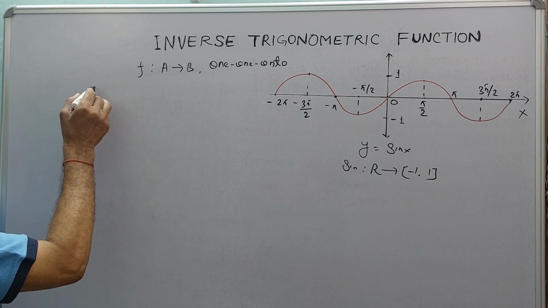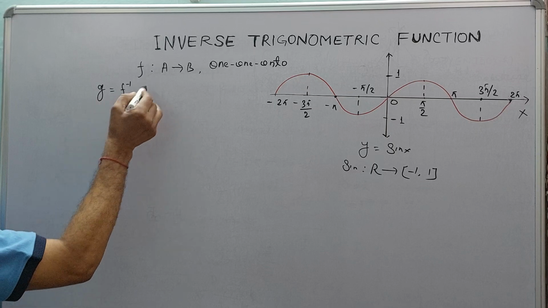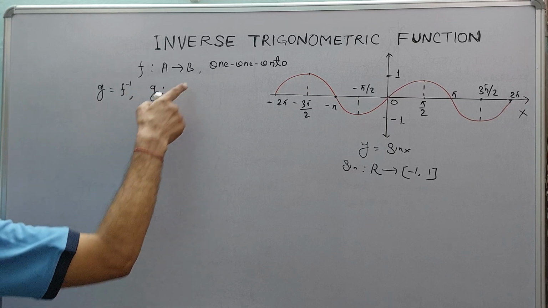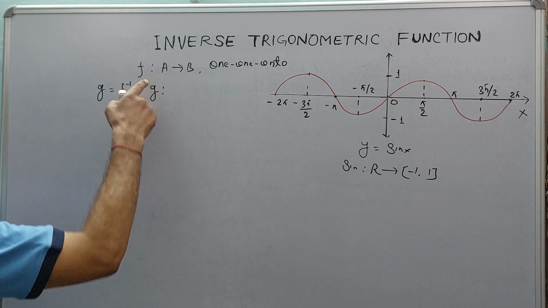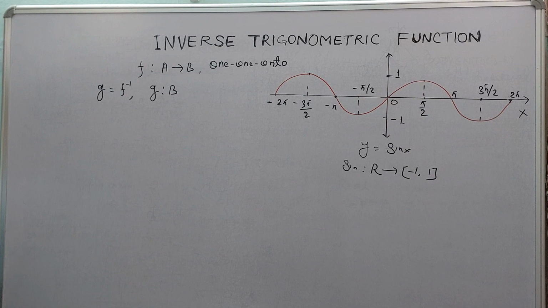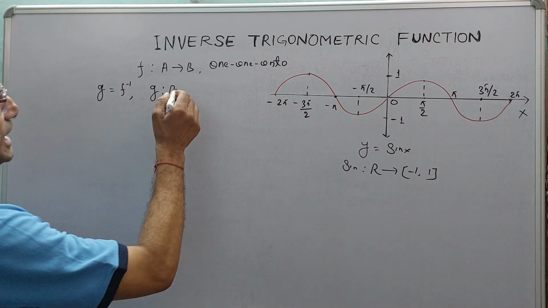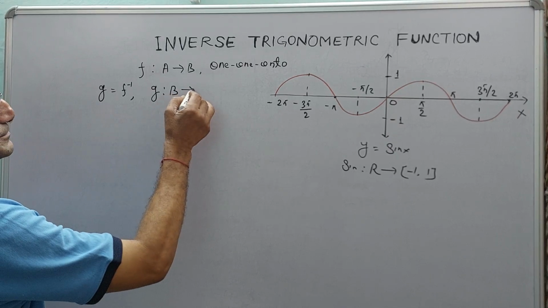Suppose g is the inverse of f. Then g is defined from B to A. The codomain of f becomes the domain of the inverse function g, and its domain becomes its codomain.